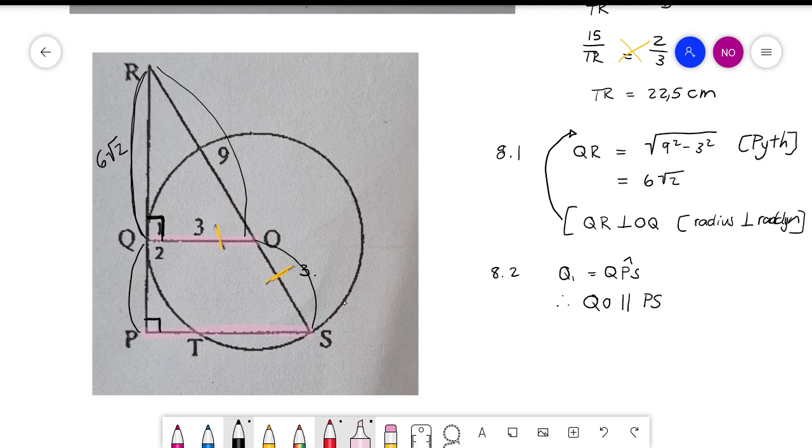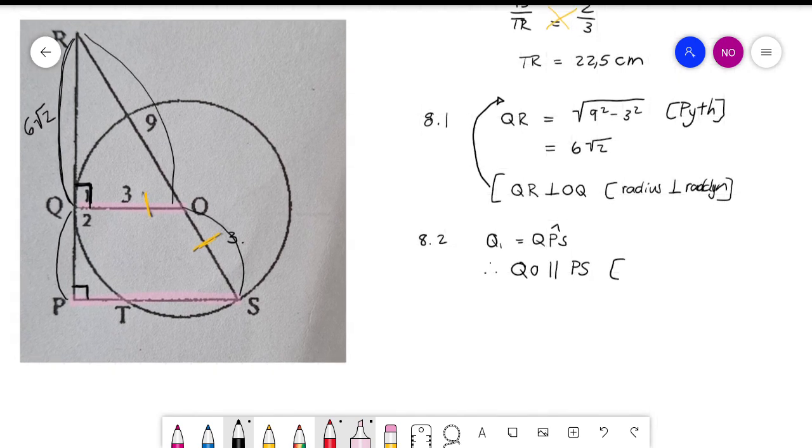Wat is my rede? Well, you could have done co-interior. If you went with co-interior, you would have said that one. Okay? And then you said co-interior angles are supplementary. That would have been your reason. Maar soos wat ek hom nou daar aangedui het, wat gaan ons skryf? Is daai regte rede?